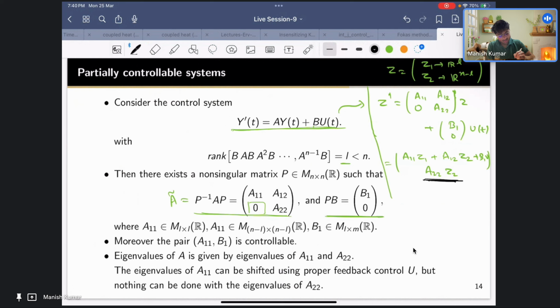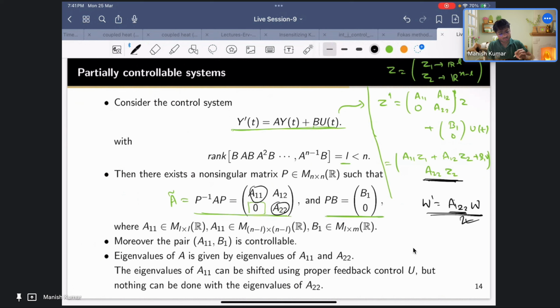Now suppose you consider just this system, and I should use some other notation, maybe W prime equals A22 W. Now suppose this is stable. Assume that all the eigenvalues of A22 are negative. You can also see that the eigenvalues of the whole matrix would be nothing but the eigenvalues of A11 and A22. So if the eigenvalues of A22 are negative, that means this system is stable.